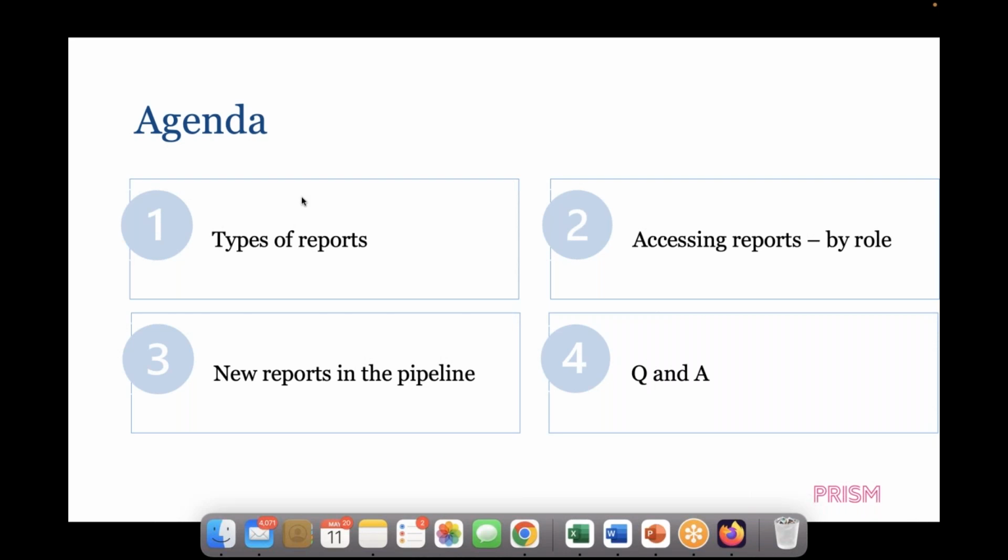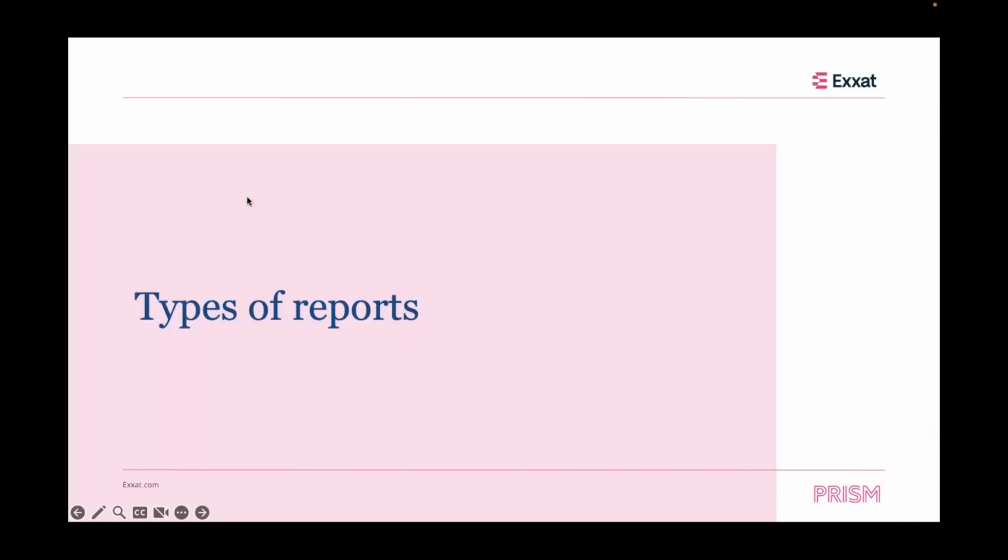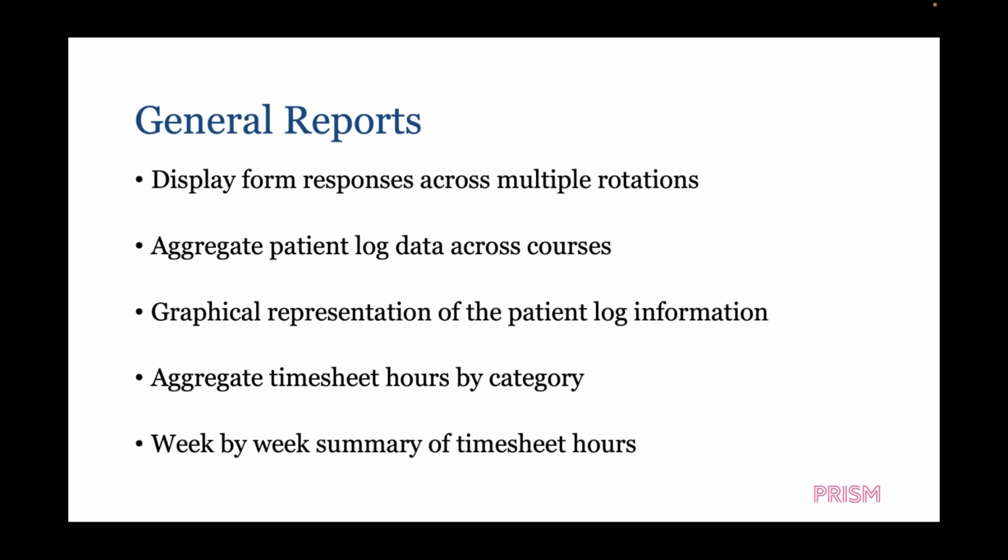Okay, so let's get started. On the types of reports, currently in Prism we have reports where you can see the responses of the form across a rotation or multiple rotations. You also can get the aggregate patient log data across the courses or across the rotations.